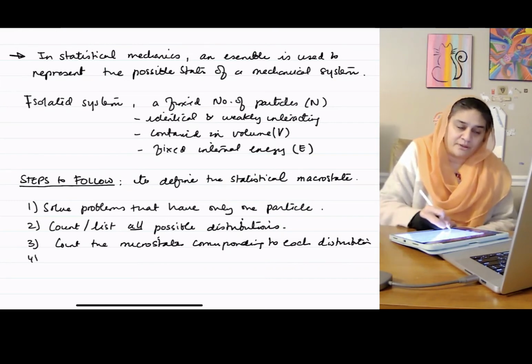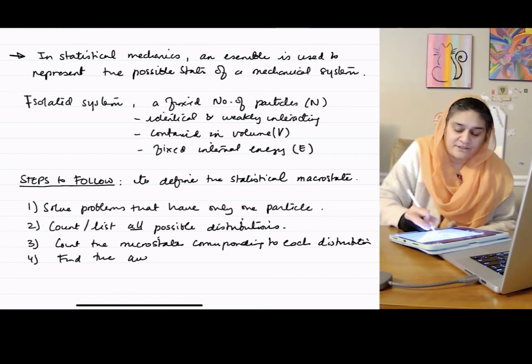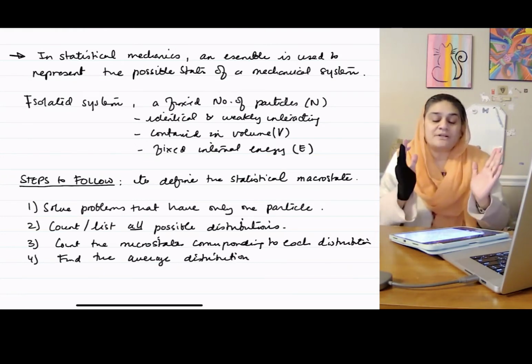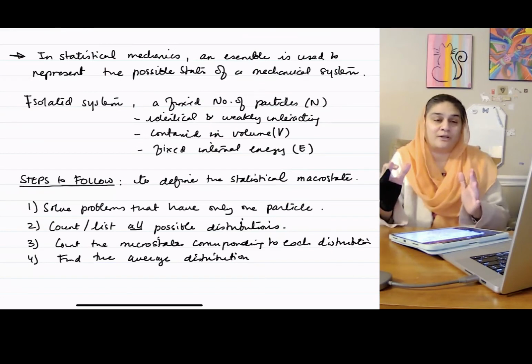And number four, find the average distribution. So those are essentially the 4 steps we need to follow.